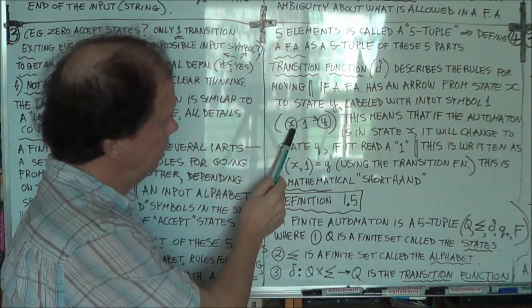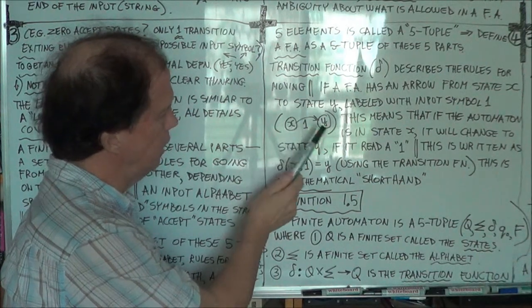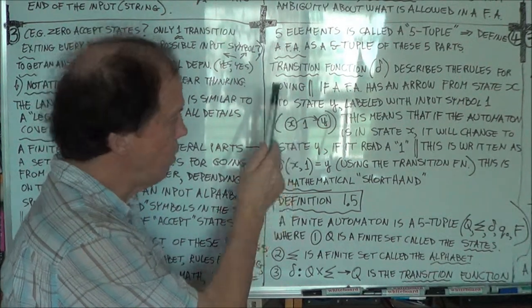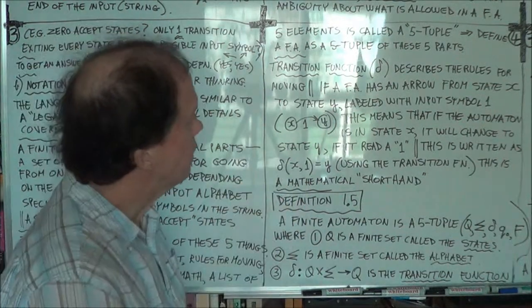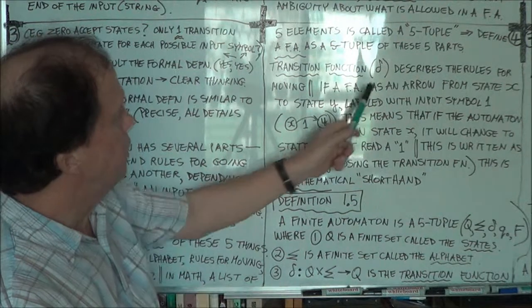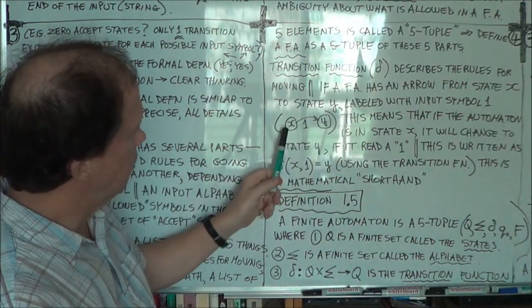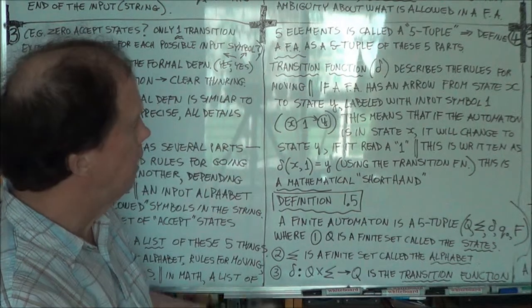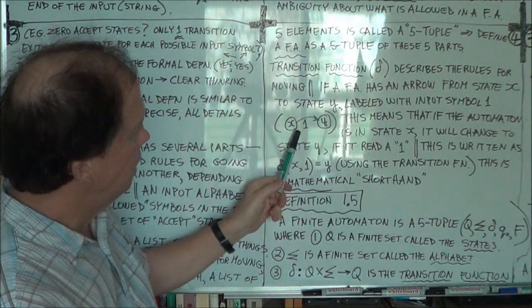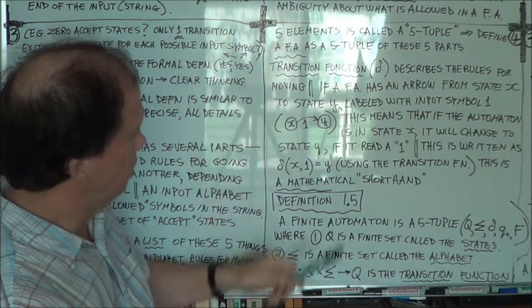And therefore, with these two things, if you're in state X and you're reading symbol 1, then your next state is Y. Okay? So your delta is a function with two arguments, two parameters, X and 1. Your output will be Y.